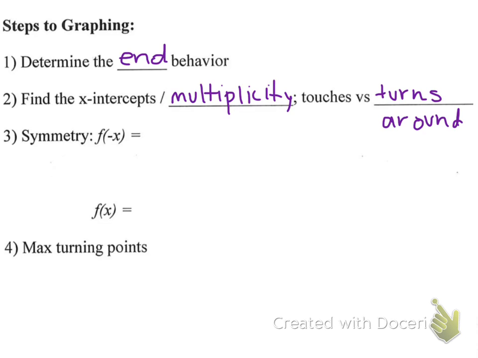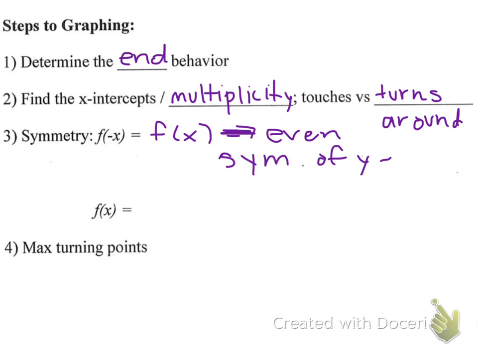Some symmetry you can do tests for: if you plug in the negative x and you get a regular x out, you can determine, not equal sign, you can determine it's even, and even means it's symmetric over the y-axis. And this is a typo, this should say f of negative x.